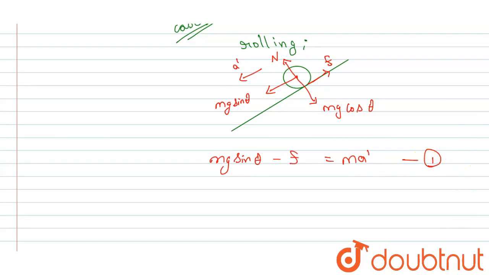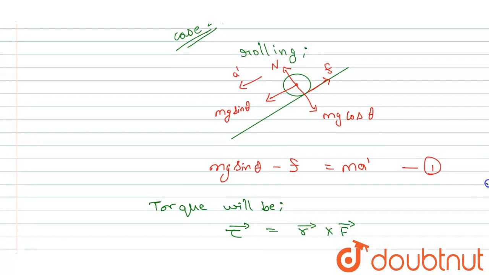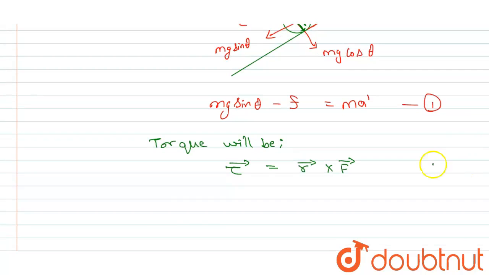Now when we talk about the torque of the rolling cylinder, we know that torque is equal to r cross F, where F is the frictional force and r is the radius of the cylinder.